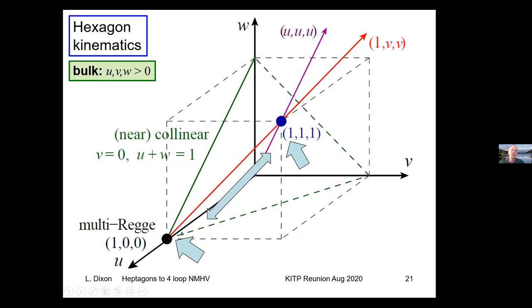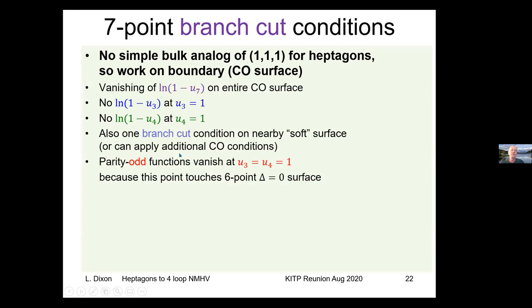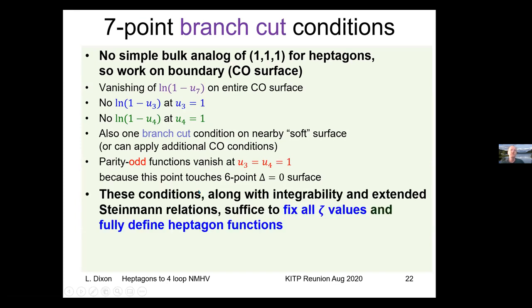And in the 7-point case, we have to work on the analog of that line near the origin. So that's the CO surface. There are various conditions that we don't have bad branch cuts, that U3 or U4 equals 1, and so on. And using these conditions, we can fix all the zeta values and fully define the heptagon functions.